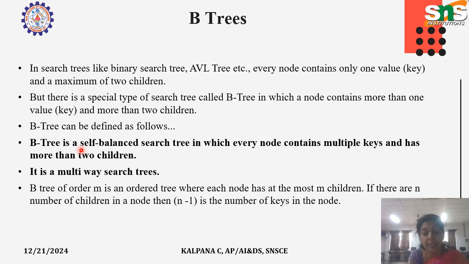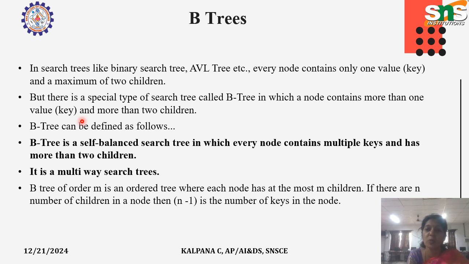And here this is a B tree, which is somewhat different from our binary search tree or binary tree. So here we can say it is a self-balanced search tree. It is a special type of search tree in which a node contains more than one value. In a binary tree or binary search tree, we have only one value for a given node and a maximum of two children.